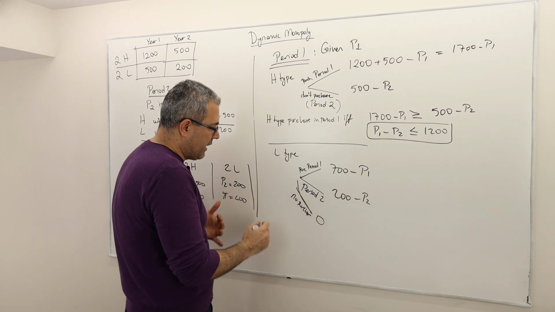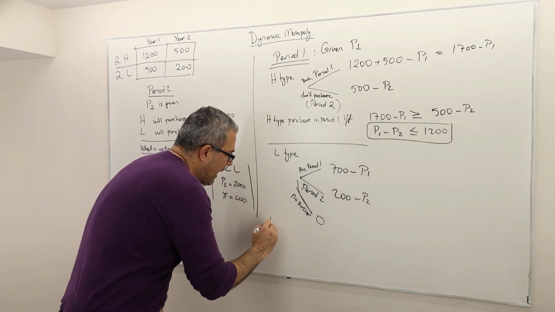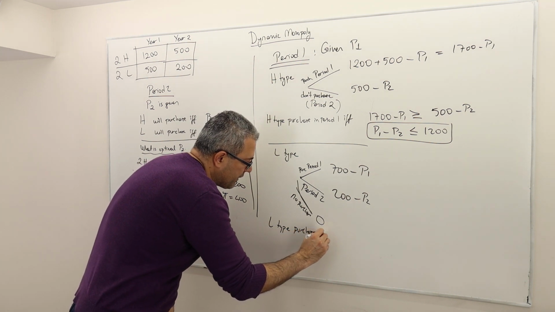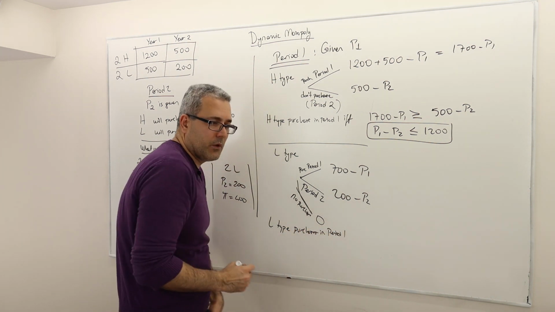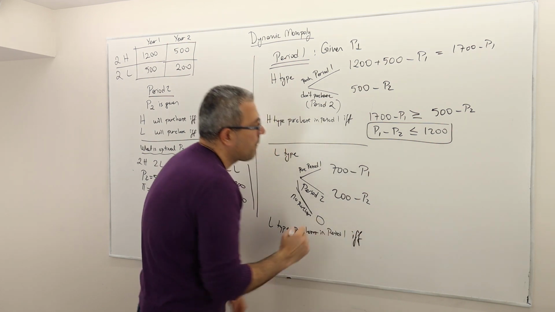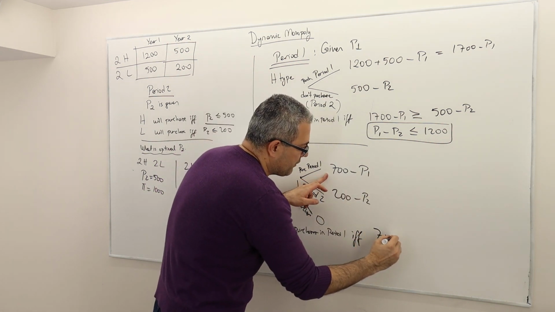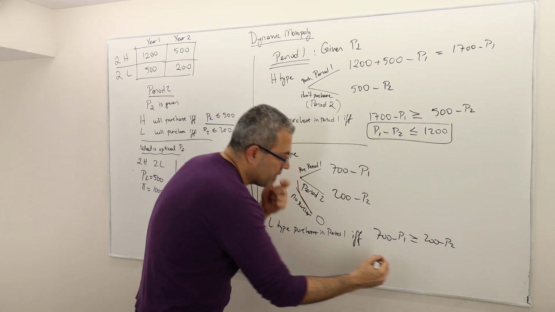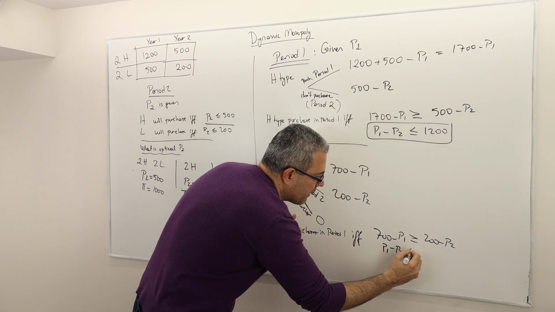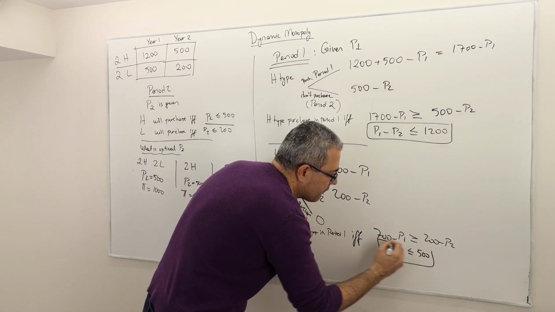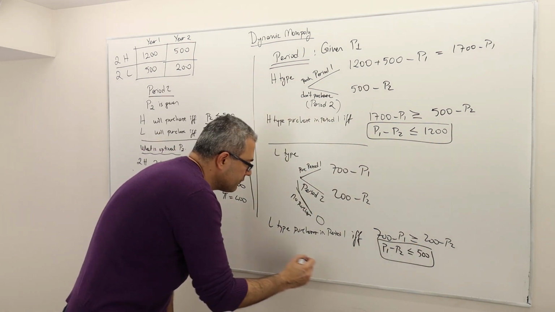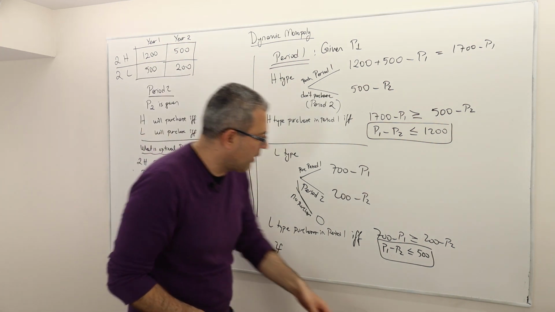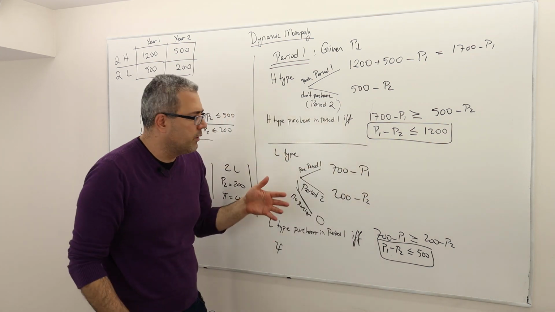So what we need to say is the following. The L type purchases in period 1 if and only if 700 minus P1 is greater than or equal to 200 minus P2, which is equivalent to saying P1 minus P2 is less than or equal to 500. Otherwise, let's forget about otherwise, because he's not going to purchase it.